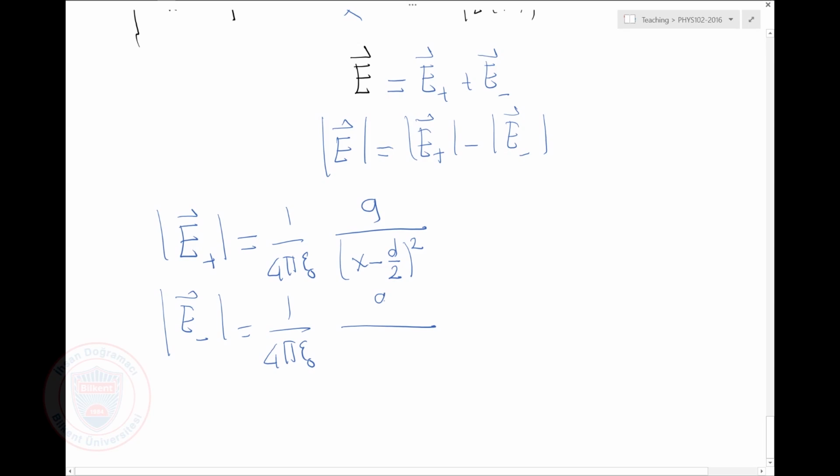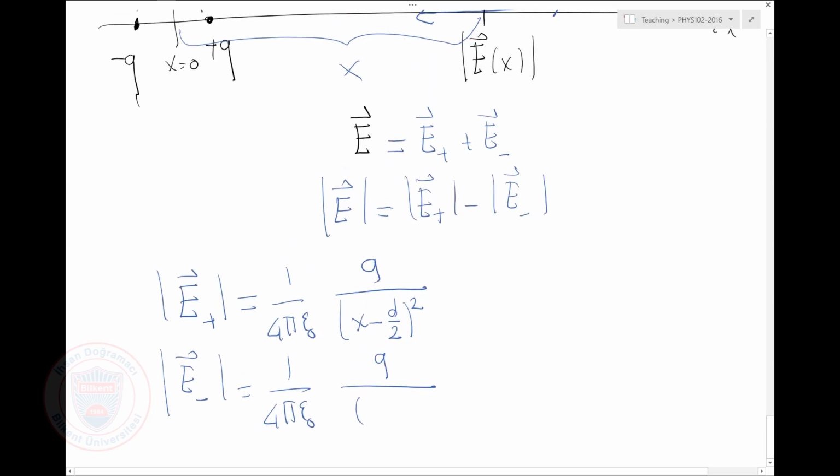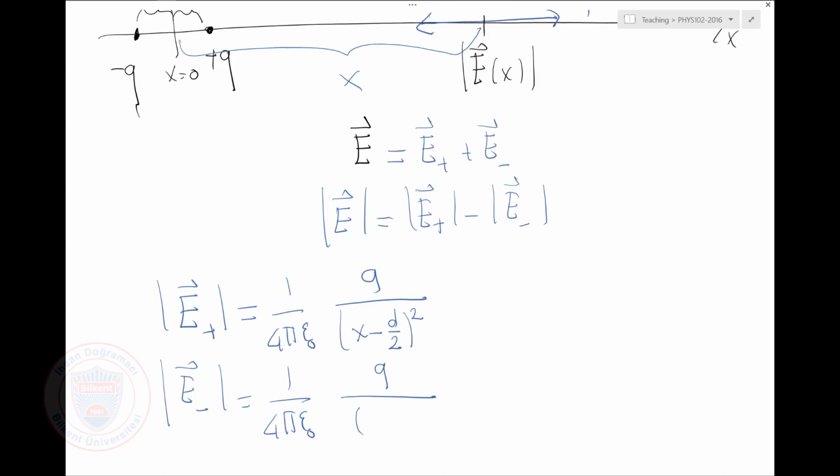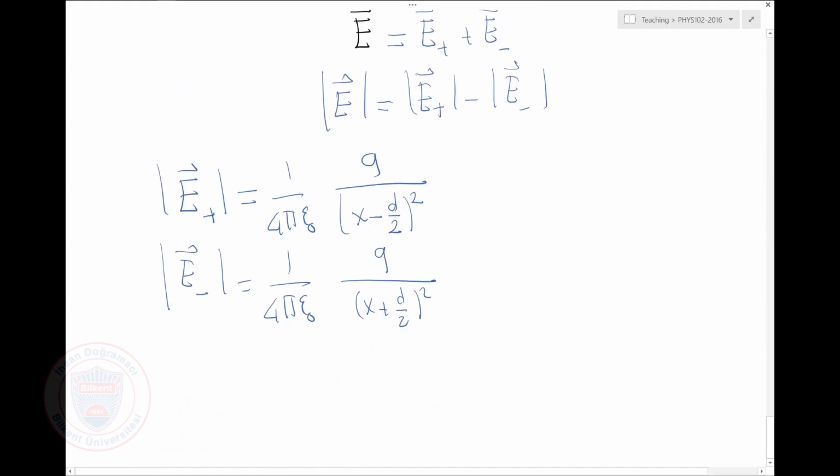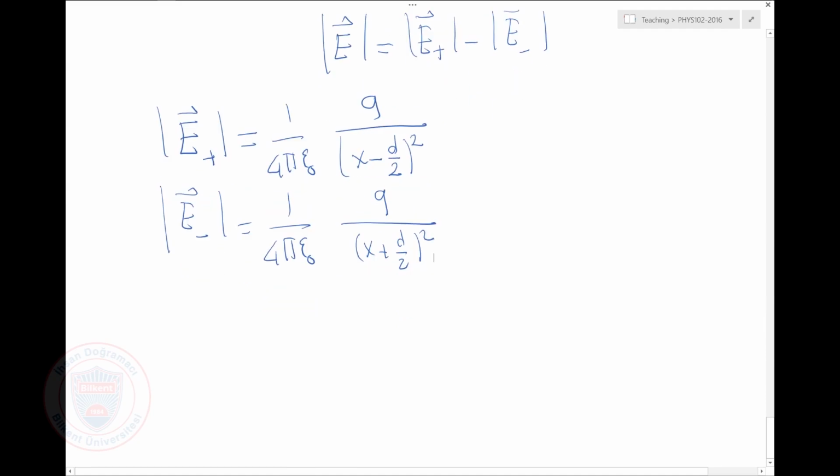Because I'm taking the absolute value, it's Q again. Now this is going to be x plus d over 2 squared. So you can say E magnitude as a function of x is Q over 4 pi epsilon 0 times 1 over x minus d over 2 squared minus 1 over x plus d over 2 squared.